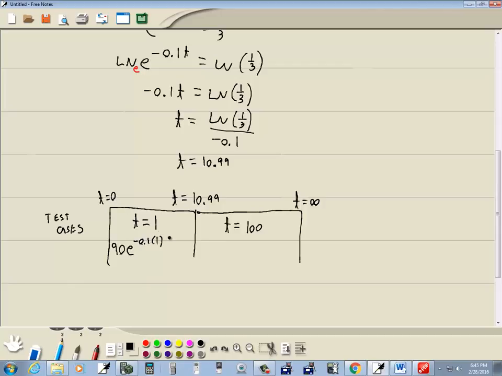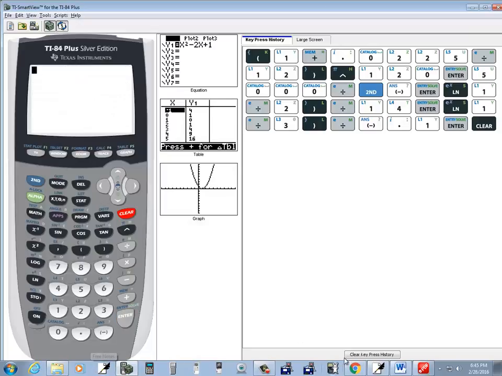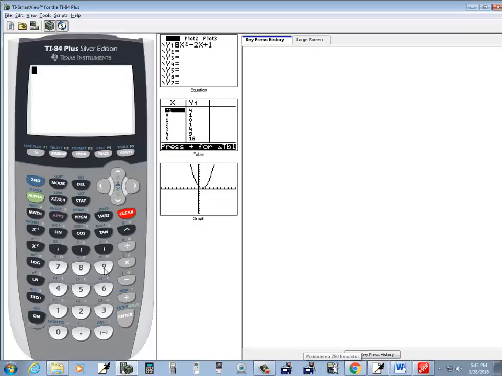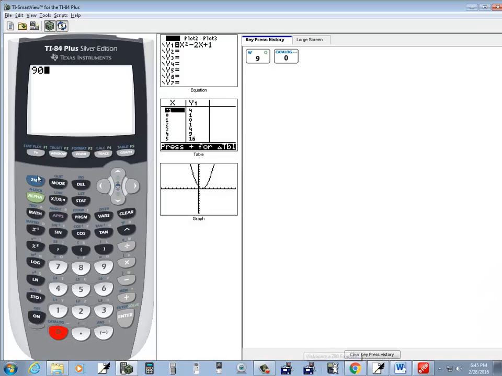You could also choose 0, that would have been a good choice, but since it's on the border, I chose not to use it. Well, let's see what that gives us. So I got 90, e to the second natural log for e, negative 0.1.